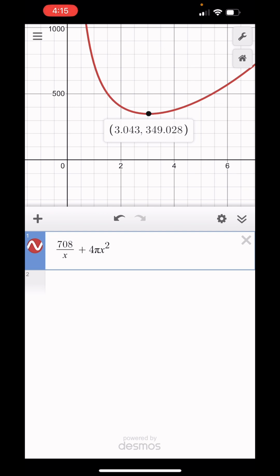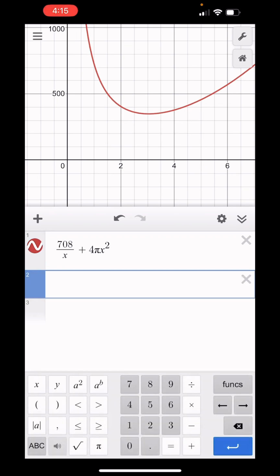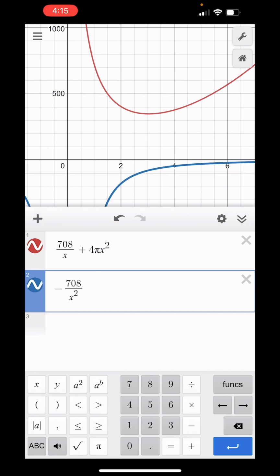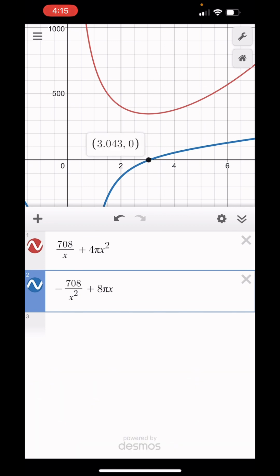But if we go a little further and actually show what the derivative gave us, which is negative 708 divided by r squared, I'm using x again, plus 8 pi r, or x I should say, then touch that point and you can see it's also 3.04.